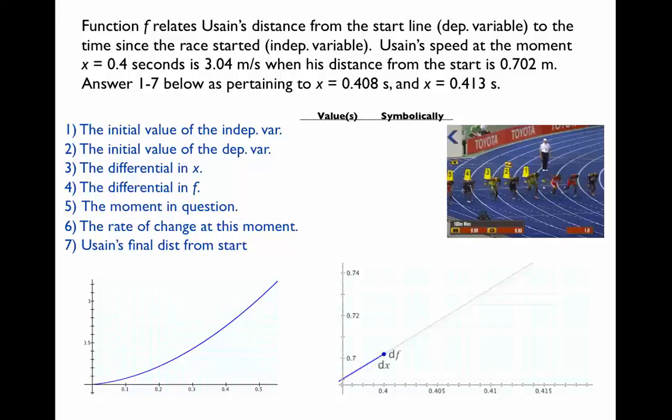So let me start the animation. So now we're looking at a moment at 0.4 seconds. I'll freeze the animation at the situation in question, okay? The situation in question is that we're at an x final, is that in the right place? Yeah. So now I freeze the animation for this first situation, x final is 0.408.